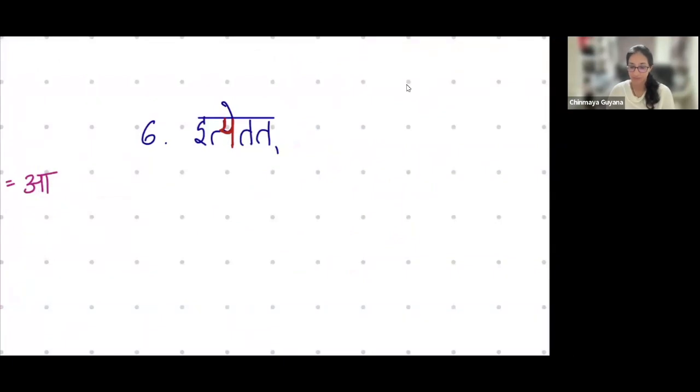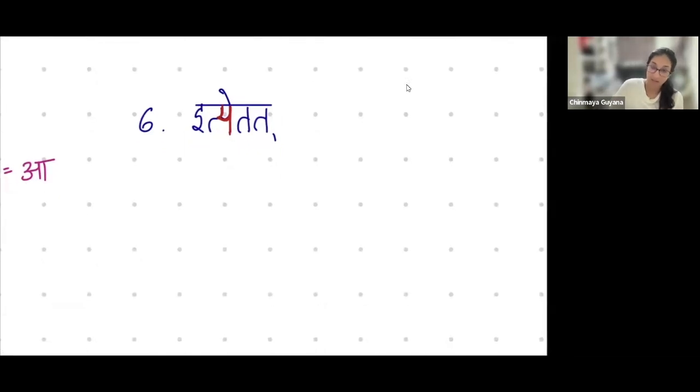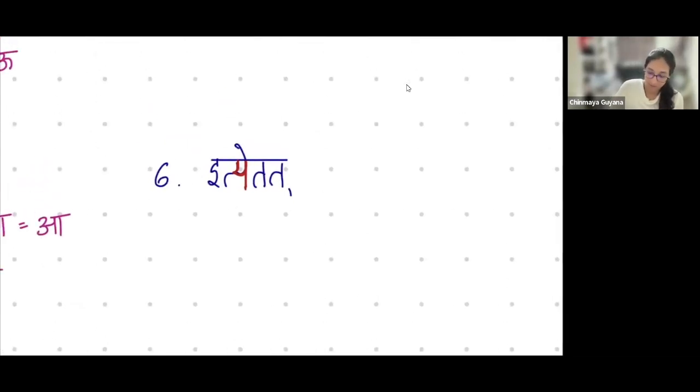Ityetat. Ityetat. You should be able to tell the two words in your mind also now. Ya comes from I plus a vowel. Here the vowel is A equals ye.